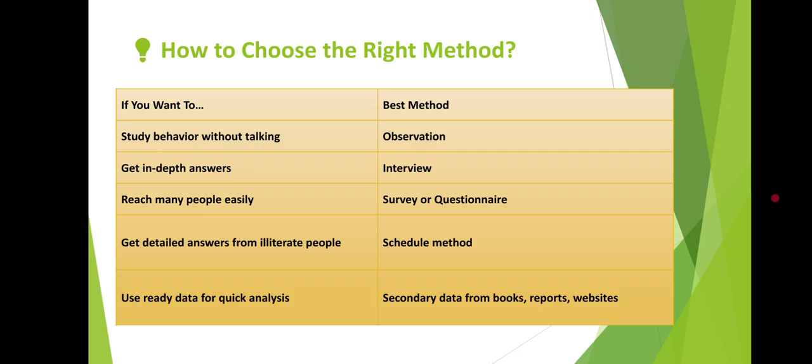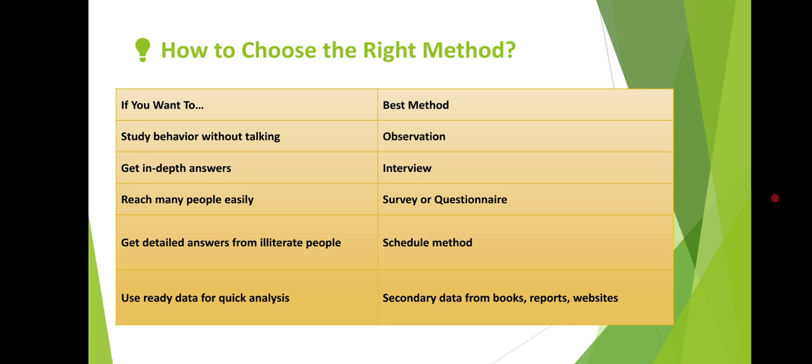How to choose the right method? If you want to do research, then you can use a different method. These are the statements, and you can select accordingly which method suits you. Firstly, if you want to study behavior without talking, then you can choose the observation method. If you want in-depth answers, then you go for the interview method.